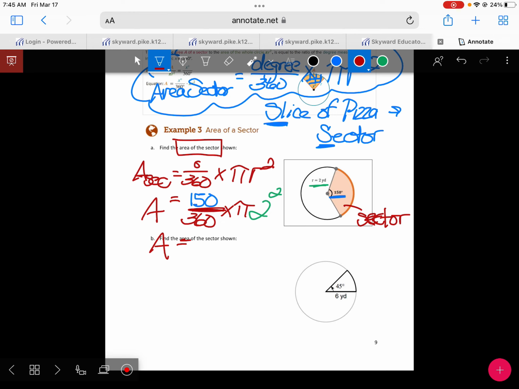Everybody should be practicing this. 150 divided by 360 times pi times 2, and then hit the x squared button, which is to the left of 7. And that should give you 2 squared, and then hit enter. If it gives it to you in pi, hit the arrows above. And what are you getting for an answer?